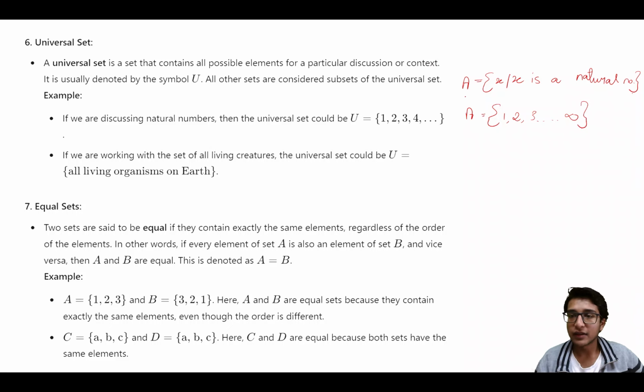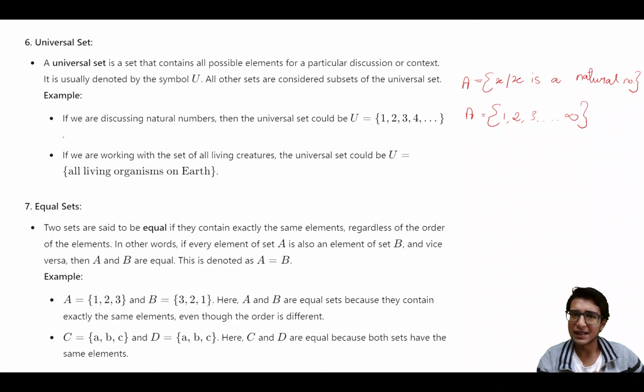Now let's say if I would have said A is equal to {x : x belongs to the natural numbers greater than 4}, then it wouldn't have been a universal set, because I'm talking about numbers which are greater than 4. So 1, 2, 3, 4 are getting left out, right? So it does not become a universal set. Keep this in mind.